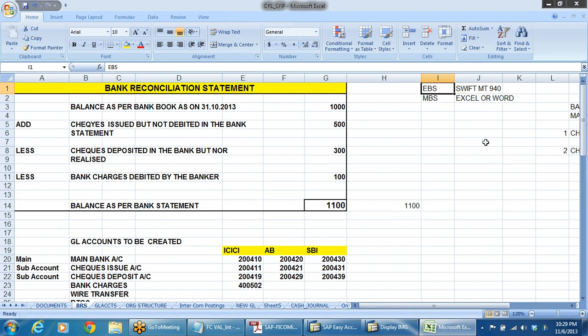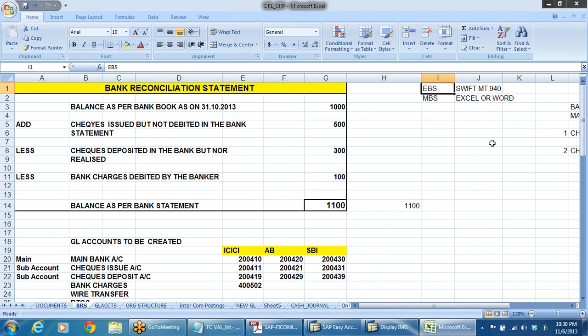But in case of electronic bank statement, he is not going to send you a document in physical form. He'll send you one text file. Once you upload the text file into SAP, the system will prepare the bank reconciliation statement and give you a reconciled statement. So that is what EBS is.